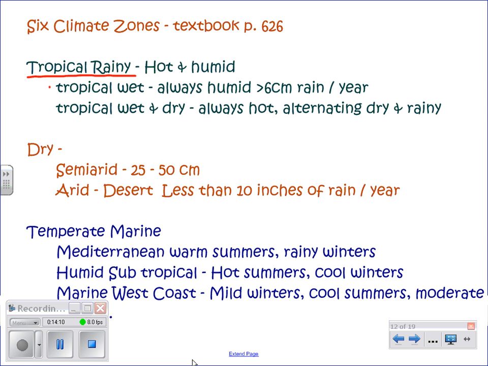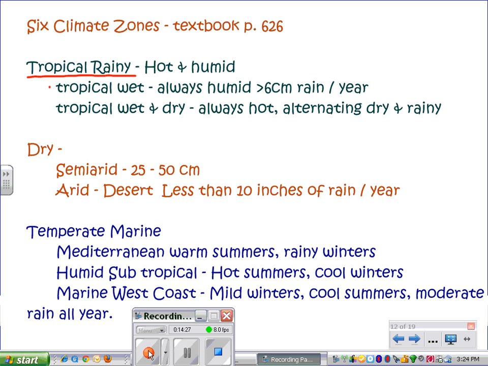Then, secondly, we have the dry climate. And this, it doesn't actually say it, but this is actually more the dry in terms of desert, so dry in terms of rainfall. So the dry climates are primarily defined by less than 10 inches of rain per year.